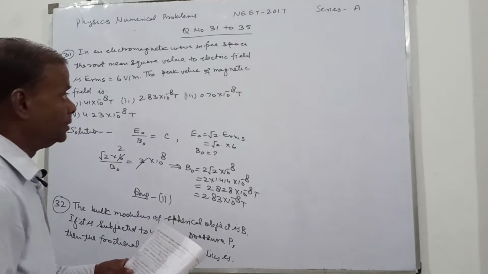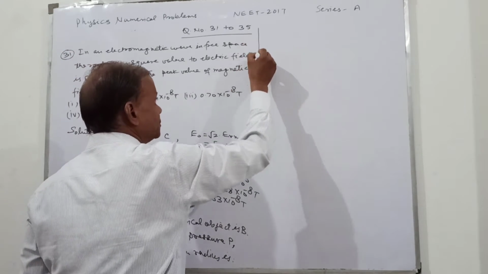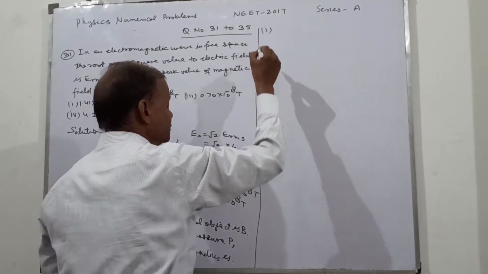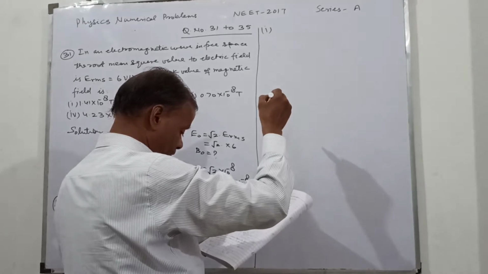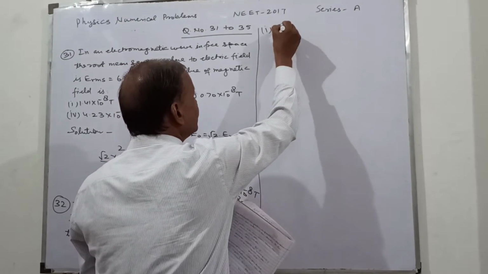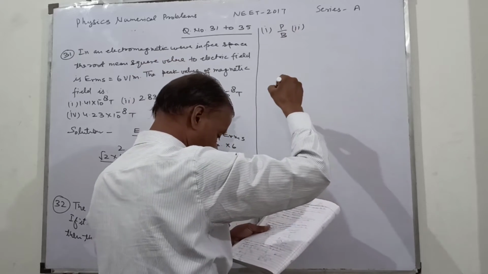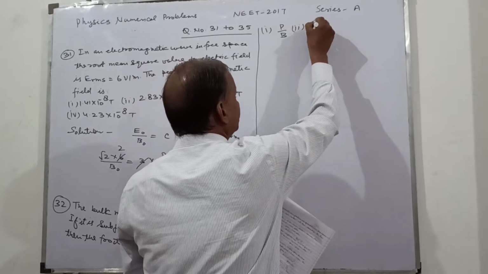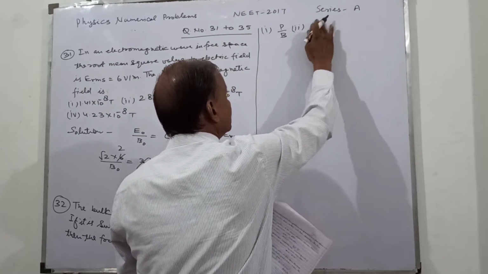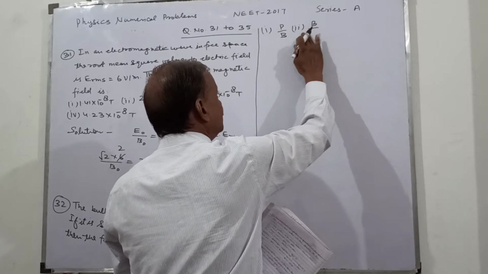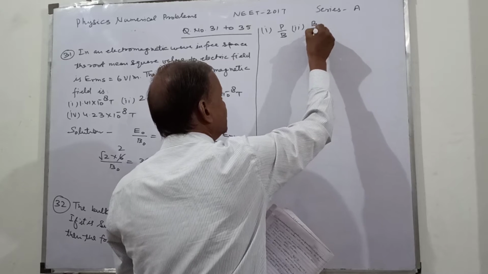Now the options. First option is P upon B. Second is B upon 3P.